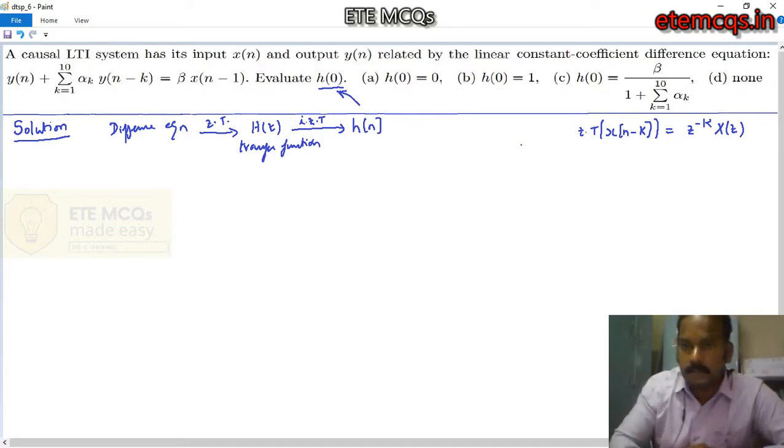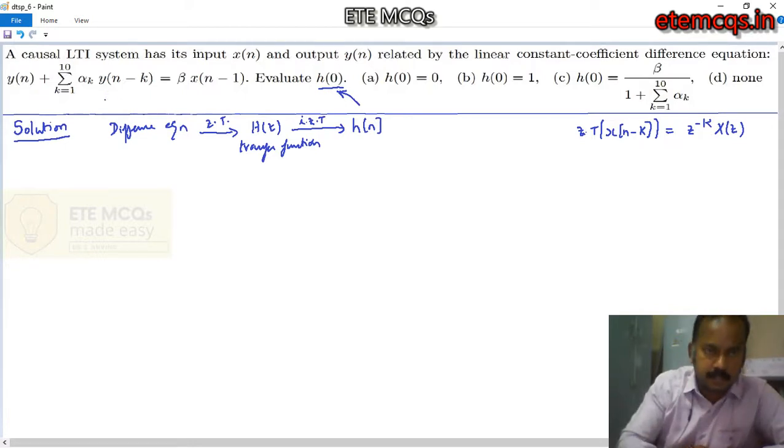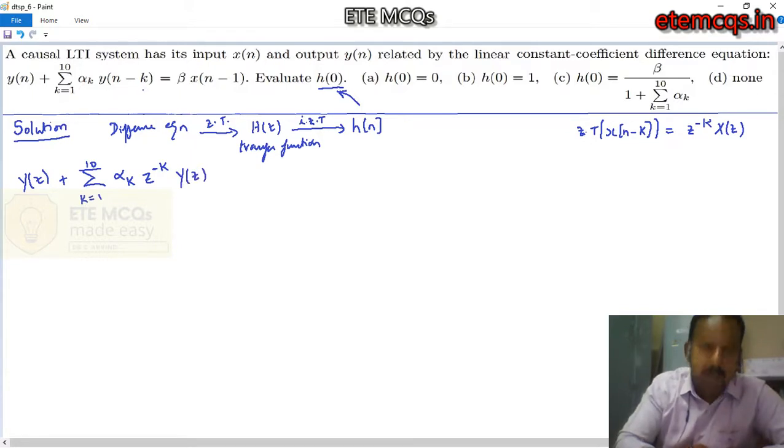Once you take Z transform, the first term becomes Y of z, plus summation k is equal to 1 to 10, alpha k is a constant, and here you have z power minus k into Y of z, because y of n minus k has Z transform z power minus k into Y of z.